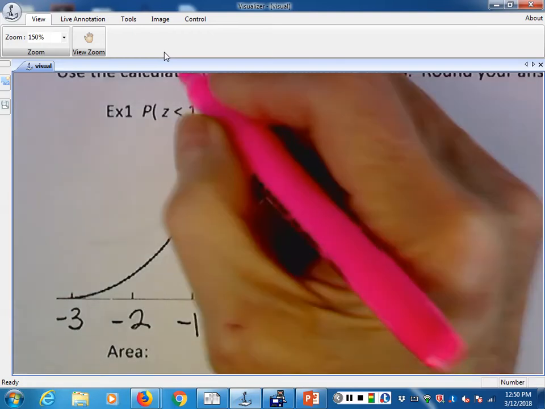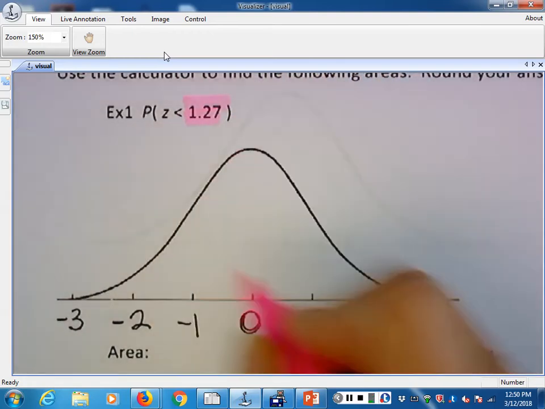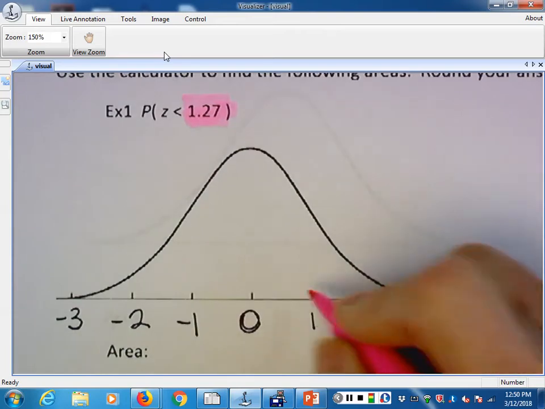Where, on that line that I just numbered in, is the number 1.27? Is it here? No. Is it here? No. How about here? No. How about there? Yes. Okay, because it's a little bit more than 1, right?